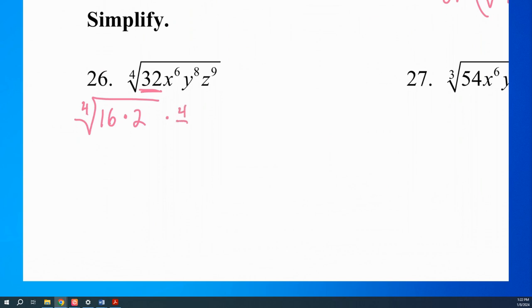I'm going to have to take the 4th root of x to the 6th, and I'm going to have to take the 4th root of y to the 8th, and I'm going to have to take the 4th root of z to the 9th. Okay, so what's the 4th root of 16? 2. And then I'm going to keep a 4th root of 2.